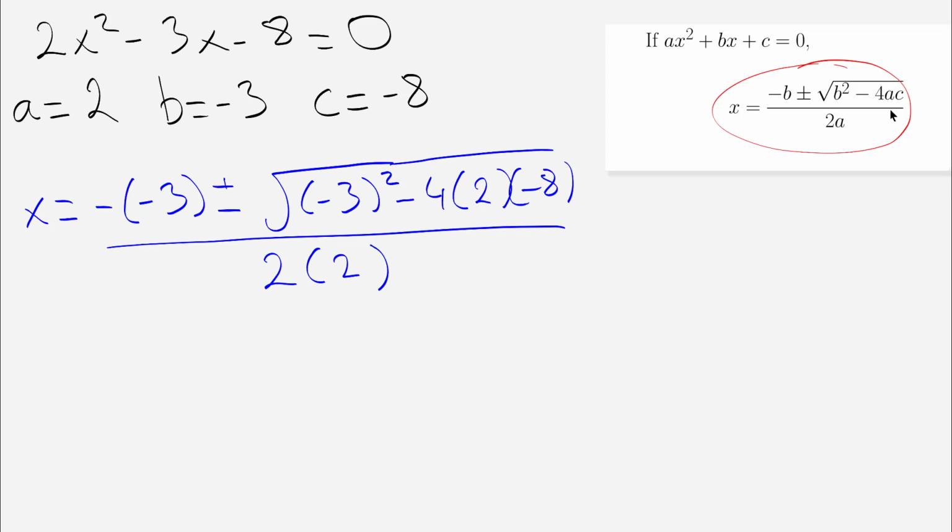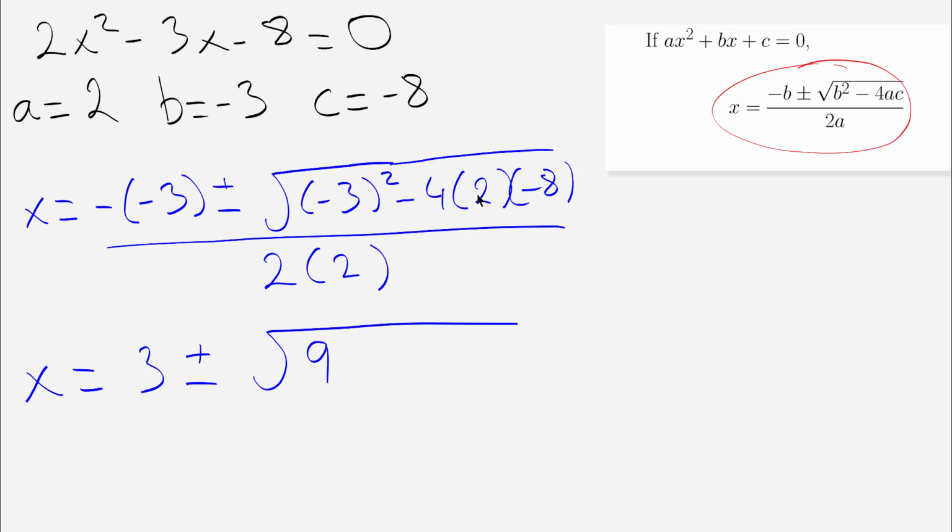Once you've filled it into the formula, it really is just a case of being careful and going through it step by step, doing our calculations. So minus minus 3 is 3, plus or minus the square root of minus 3 squared. Now it's minus 3 in a bracket to be squared, so that means minus 3 multiplied by itself, which will be a positive 9. Then minus 4 by 2 by minus 8.